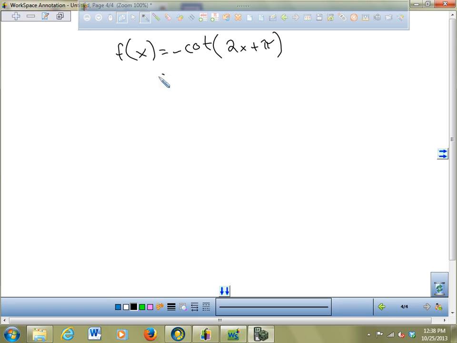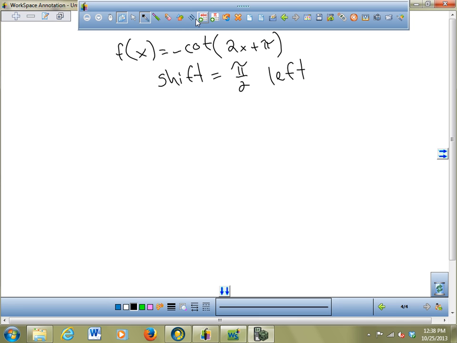First I want to find the shift. So what is the shift? Pi over 2, right? Because it's this over this. Is it left or is it right? It's left because this is a positive number. So it's pi over 2 to the left. So I'm just going to sketch a graph and then I'm going to worry about the negative sign in a second.